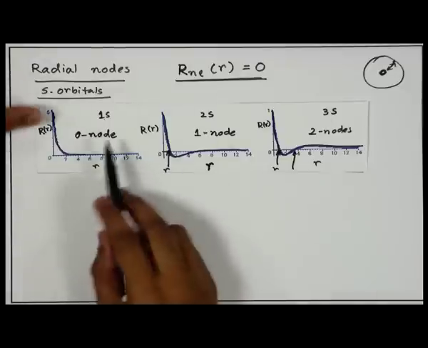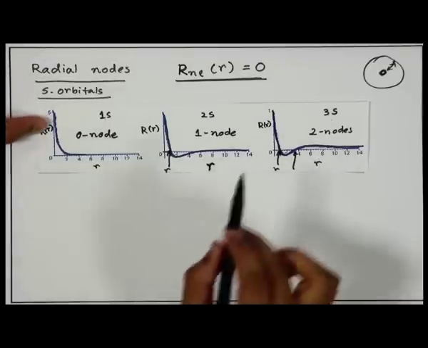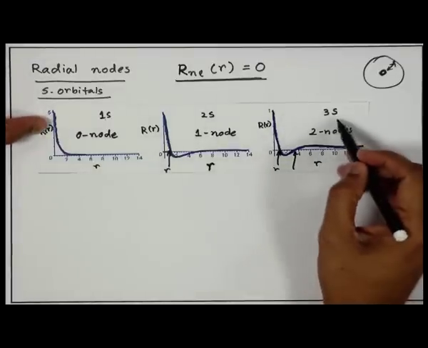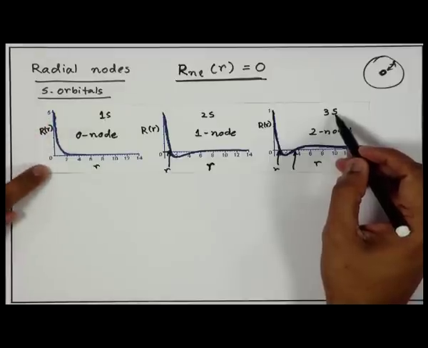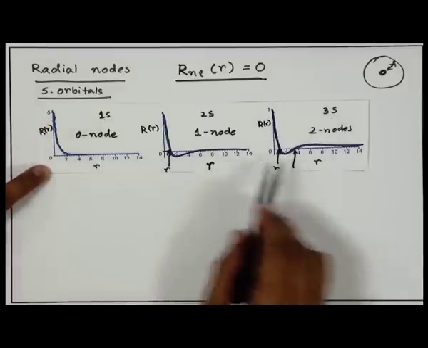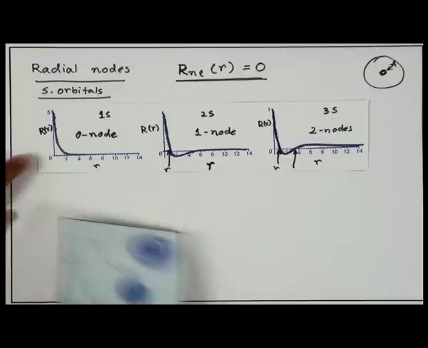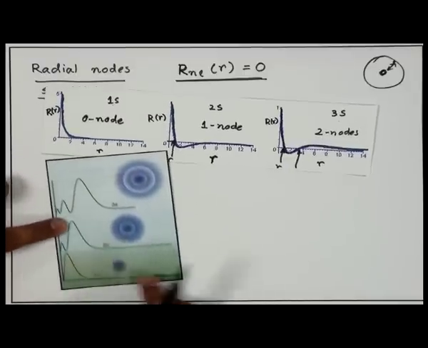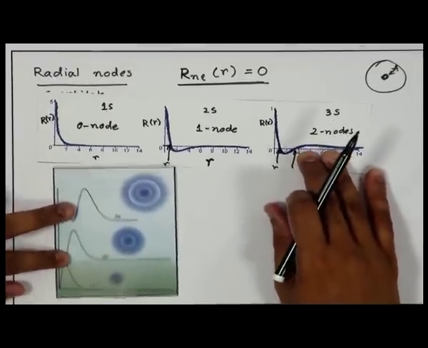So, even though these three orbitals have the same azimuthal quantum number and the same spherical s shape, I see 0 nodes, 1 node or 2 nodes. I can show that in another way.